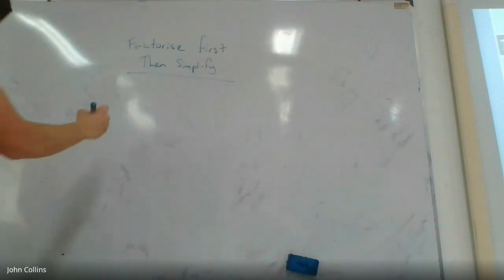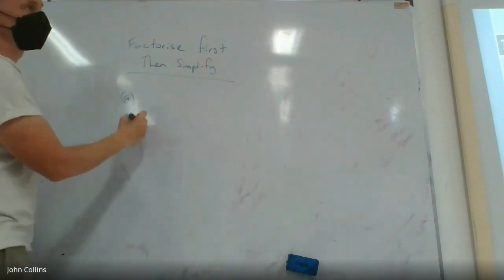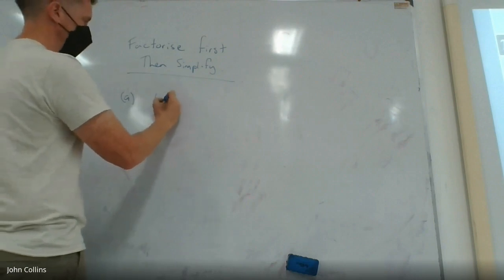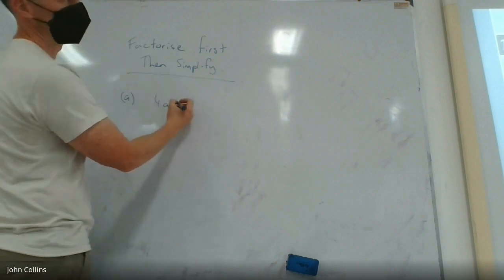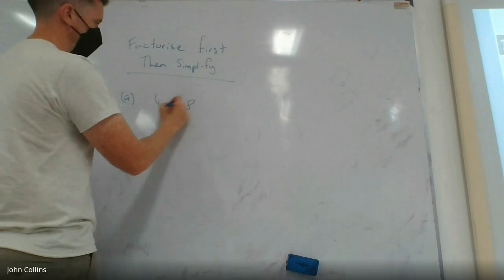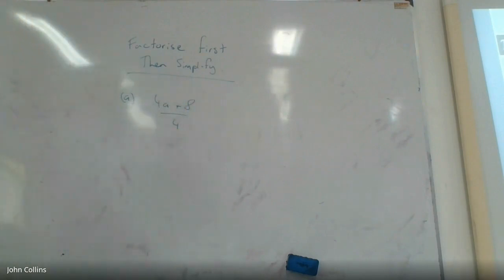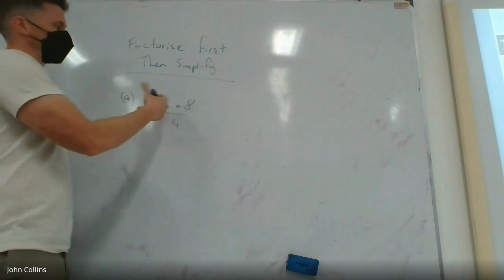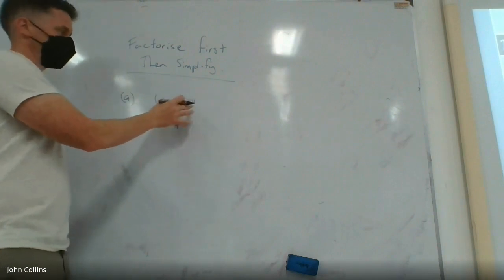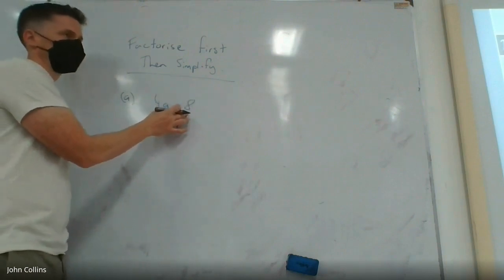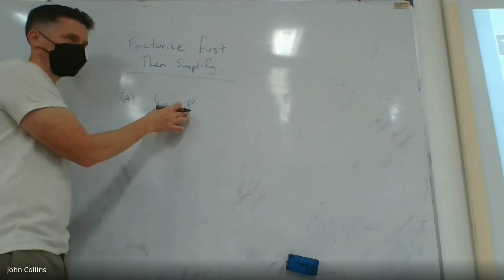All right, let's look at some simple examples. The first one, 4 times a plus 8. Sheila, can you factorize the first line? What's the common factor of both these terms? Okay, is there a highest common factor?